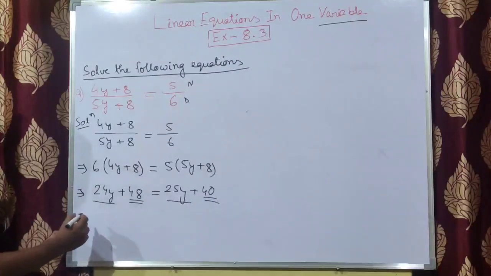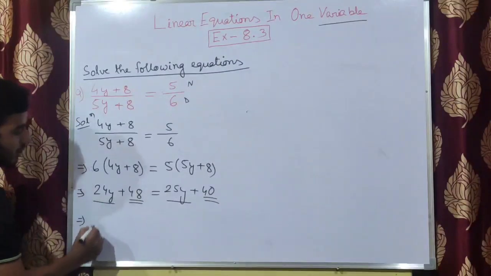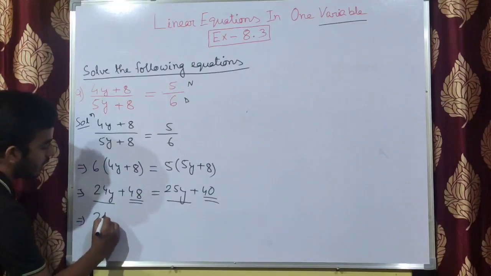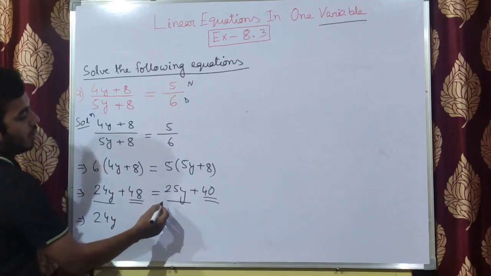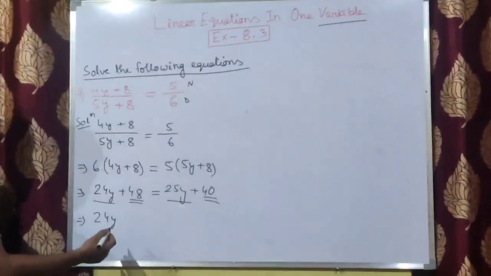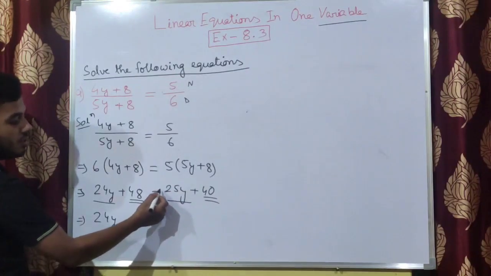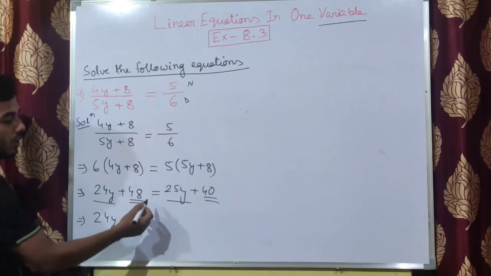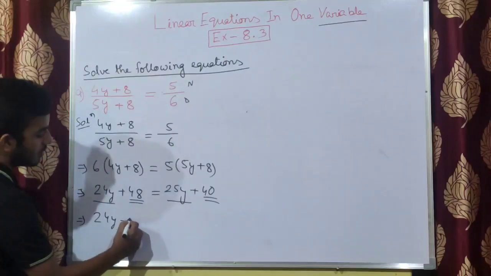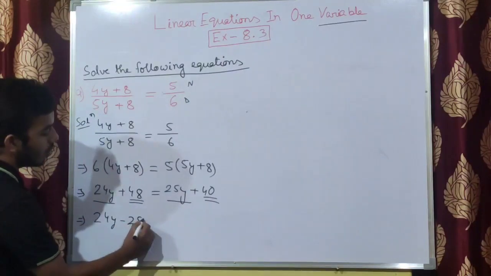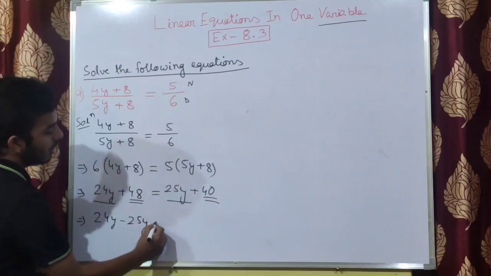In the left hand side we have 24y, so we will bring 25y from the right hand side. As it was plus, when we change the side it becomes minus, so it will be 24y minus 25y, then equal sign.